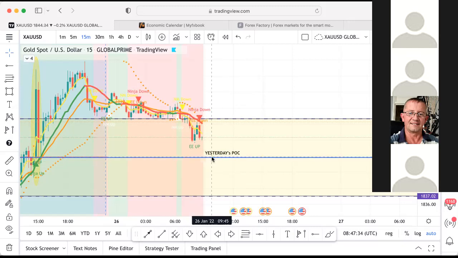Then, of course, you've got to decide: is it going to reject and go back up, which it often does, or is it going to break through and then go down to that point there? Although that trade from point of control down to the bottom of the value area wouldn't be part of the initial strategy, it's still a valid trade. So if you're getting all the indicators lining up in the right place, it's a valid trade to take.